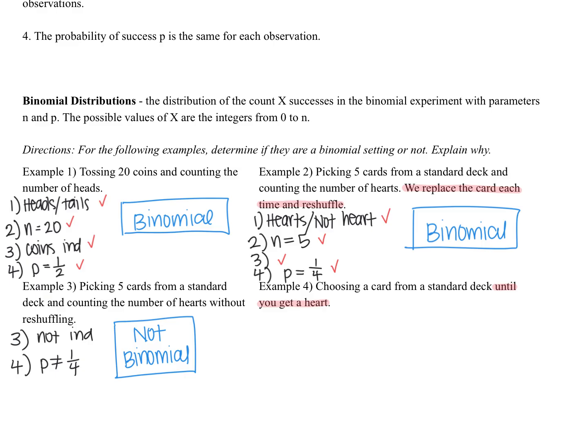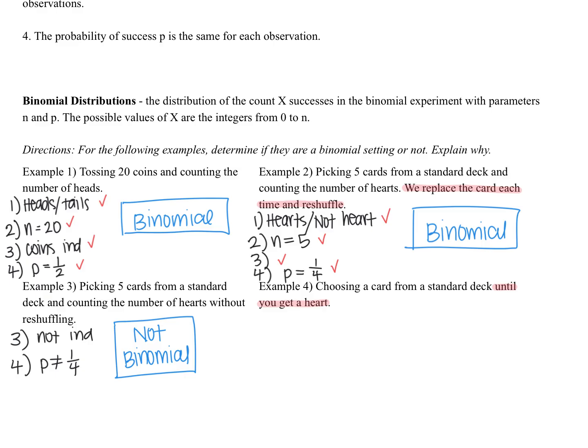Because if I said we're going to go through 10 cards or even 15 cards, or if I said I'm going to pick 52 cards, shuffle each time, and figure out how many of them are hearts, you would expect 13 hearts, but you're not guaranteed.